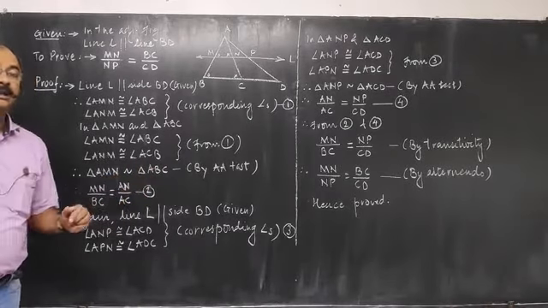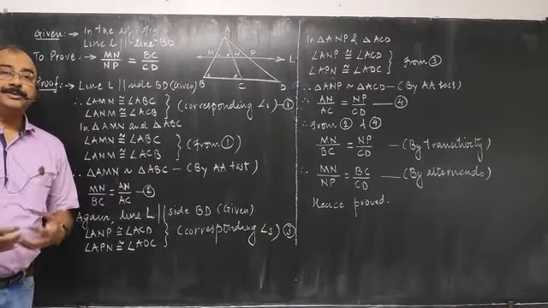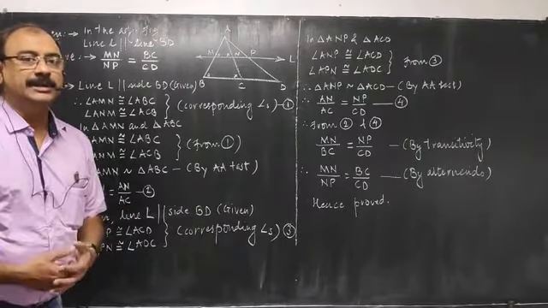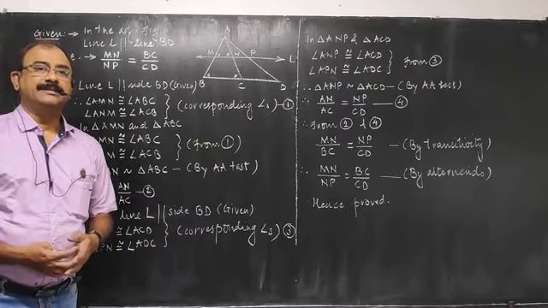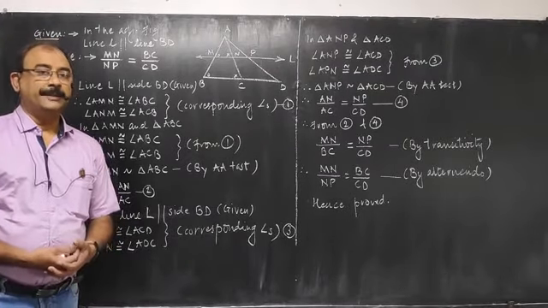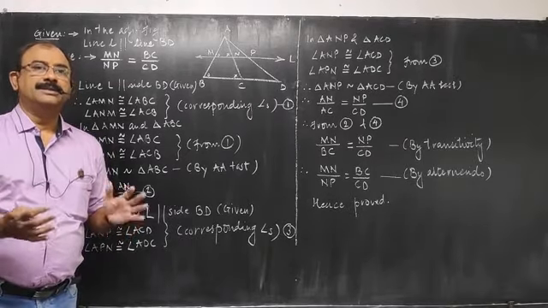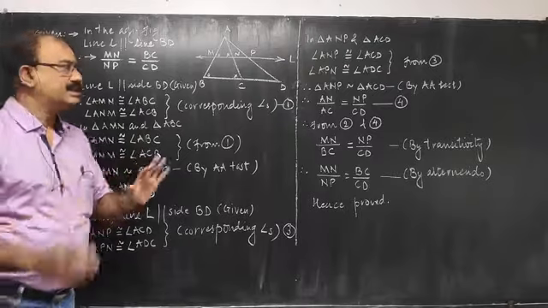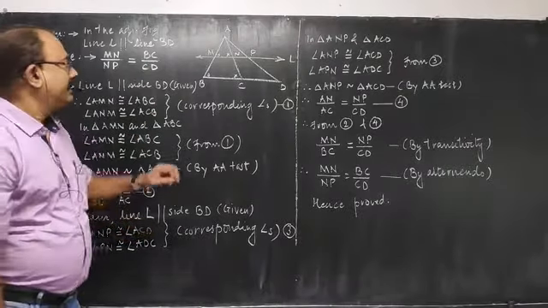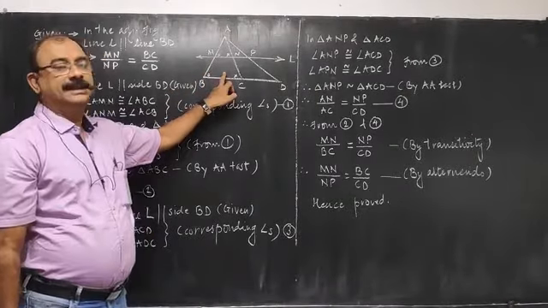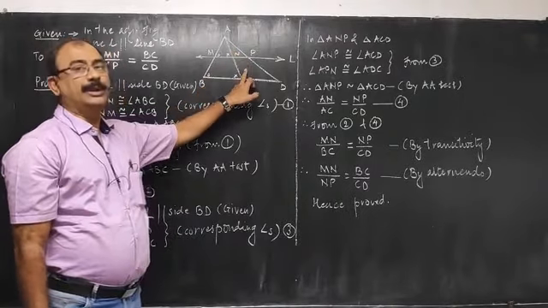Now, there should be a simple logical question: why is the third ratio not written? For that you have to do a bit of research in your figure. These two triangles are similar, and in the same manner these two will also be similar.